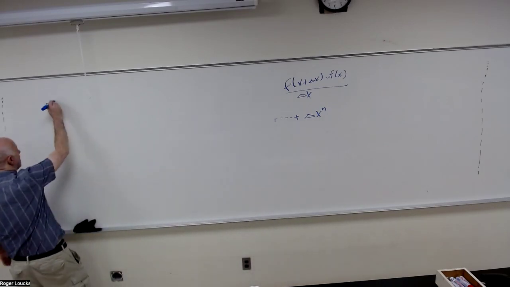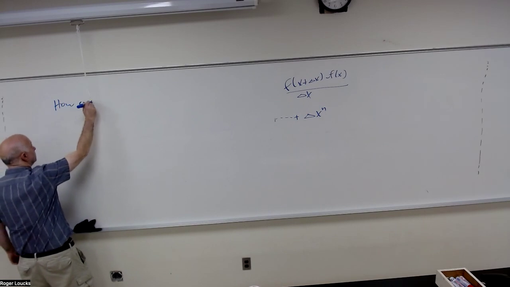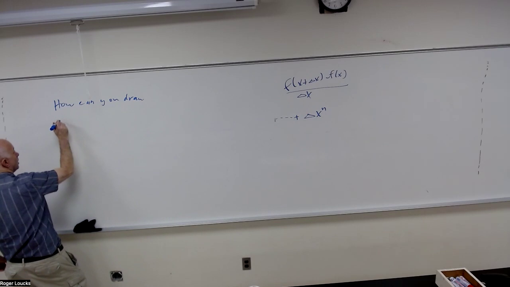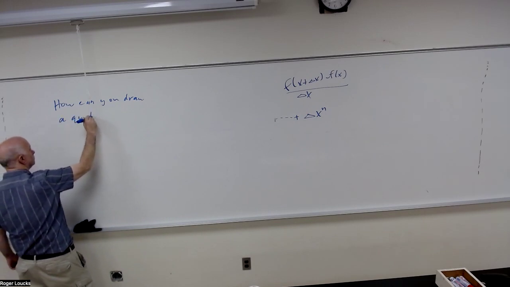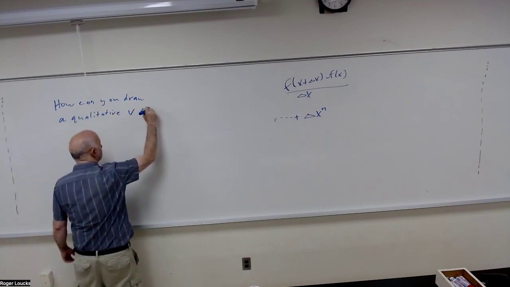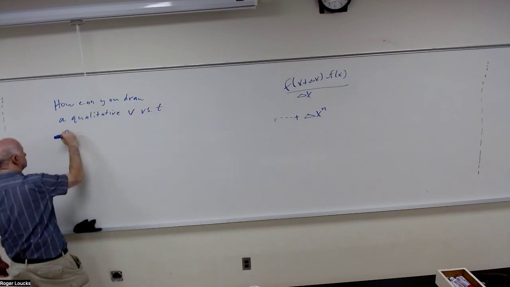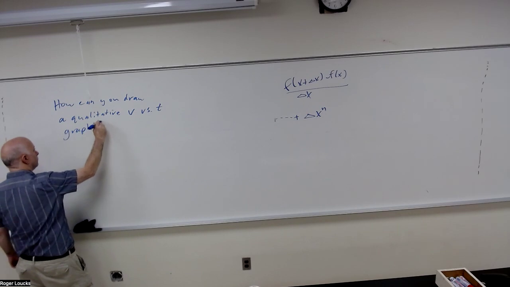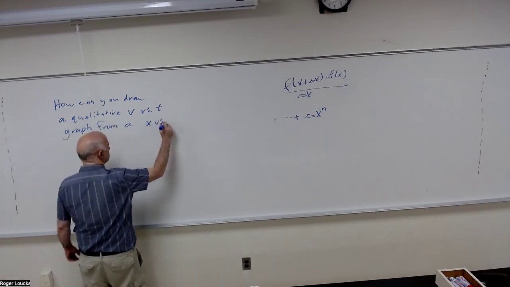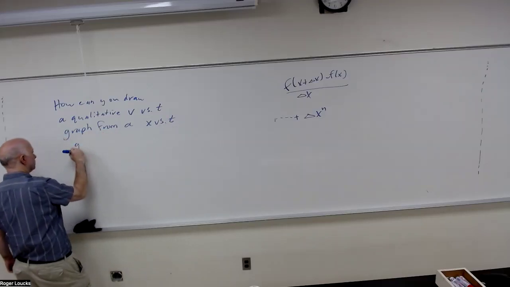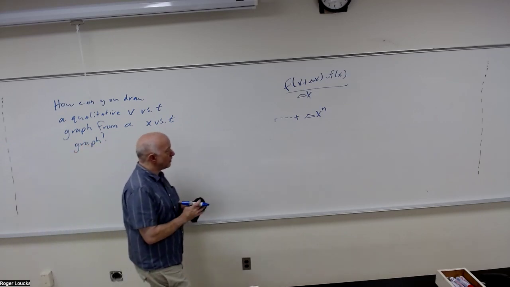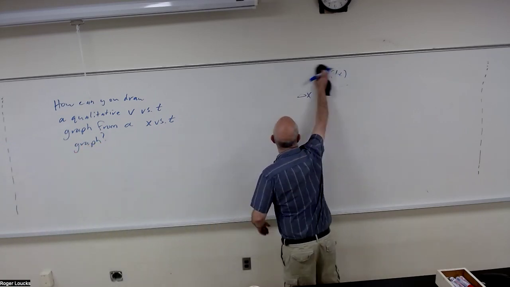I want to talk about how you can draw a qualitative V versus T graph from X versus T. Let's set this up and then I'll explain.